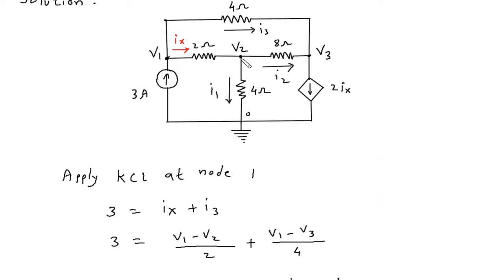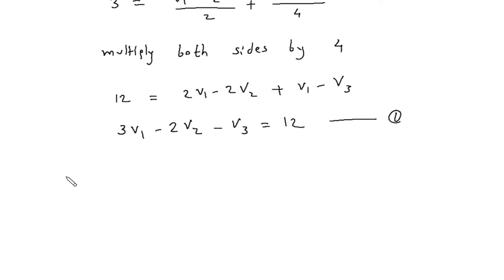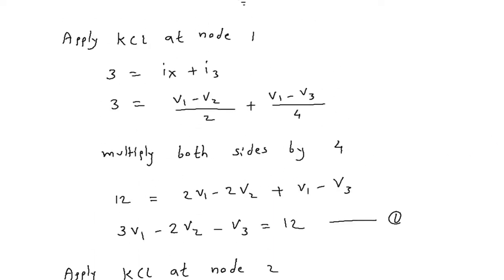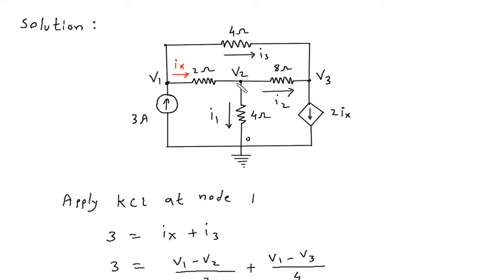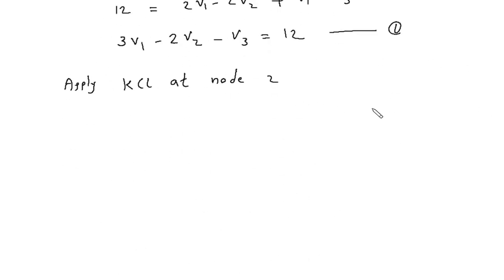Now we will apply KCL at node 2. So Ix is equal to I1 plus I2.